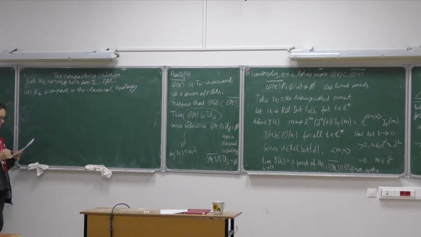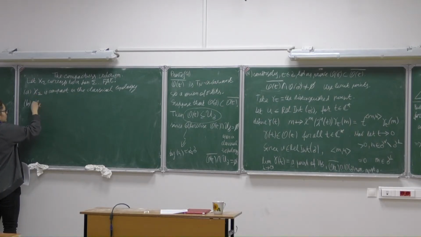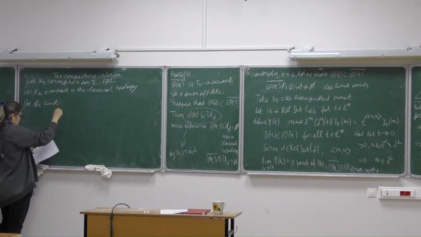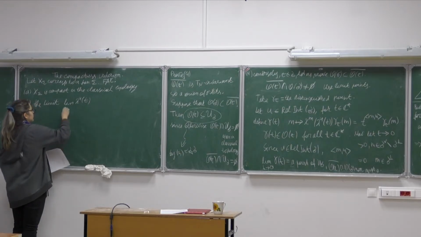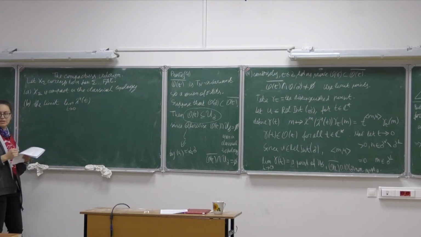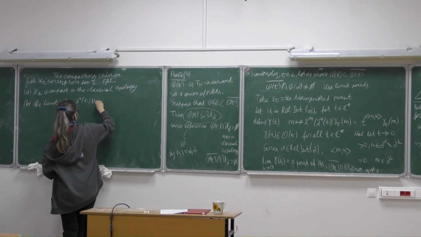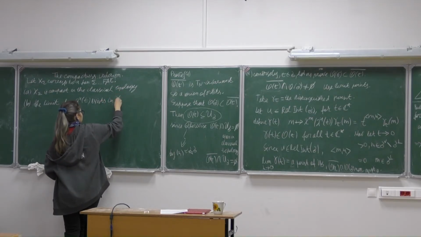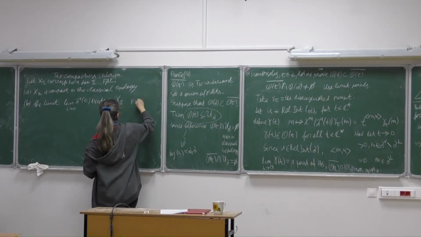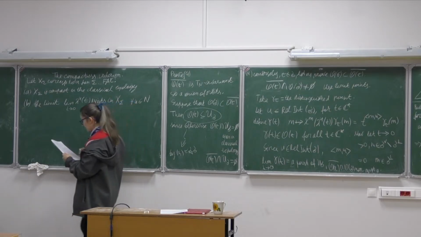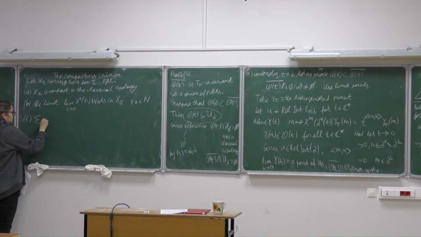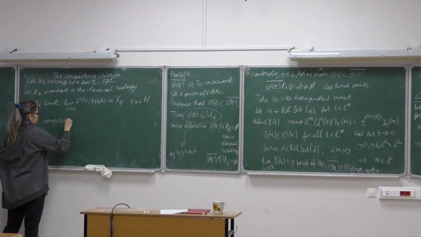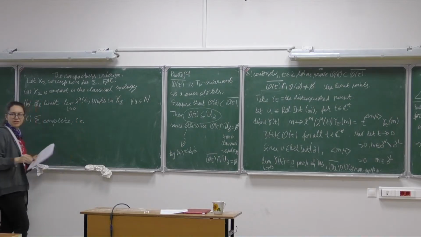Then the second is that the limit of lambda u of t when t tends to 0 exists in X sigma for each u from N. And the third condition, the most combinatorial, is that the fan is complete, which means the union of all the cones is the whole space.